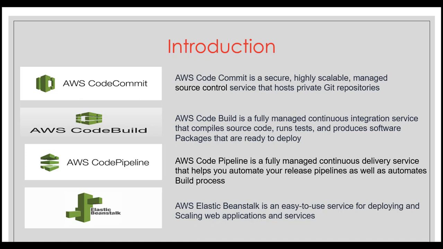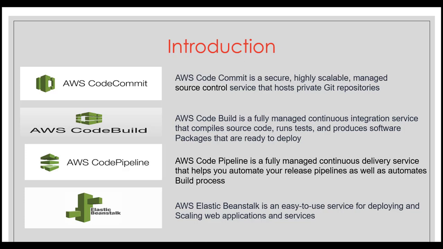And AWS Code Pipeline is a fully managed continuous delivery service that helps us to automate the build and the release process. Using AWS Code Pipeline, we can automatically trigger a build and we can automatically deploy. We'll be using Elastic Beanstalk to deploy the application.